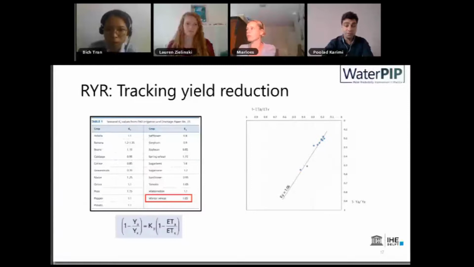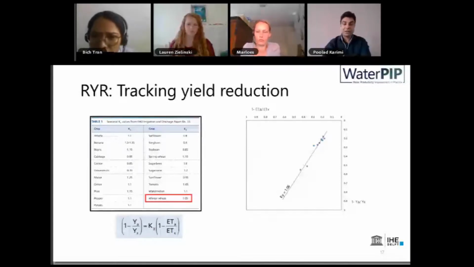Interestingly enough, the number that has been suggested as a global average in FAO 66 is 1.05, which shows how some of these empirical relationships are actually quite accurate, and how they can be used to understand how yield reduction may happen because of water deficit.